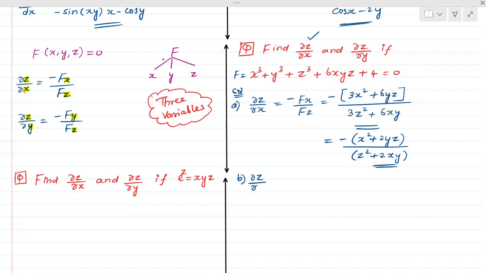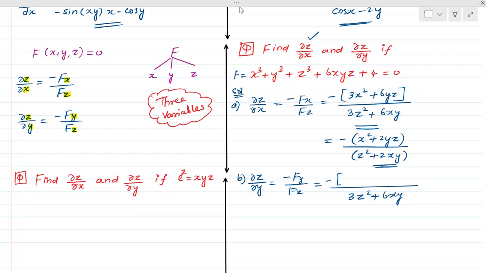Dou z over dou y. The formula is very simple: minus fy over fz. The denominator is going to be the same because fz is the same. So you only have to calculate the new thing, fy.